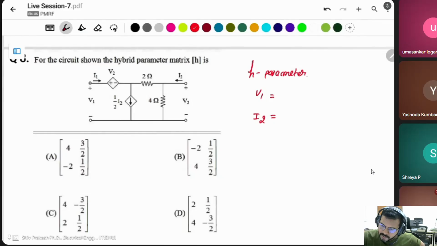The priority is port in this case. Port is I1 first port, then second port. H11, H12, H21, H22.